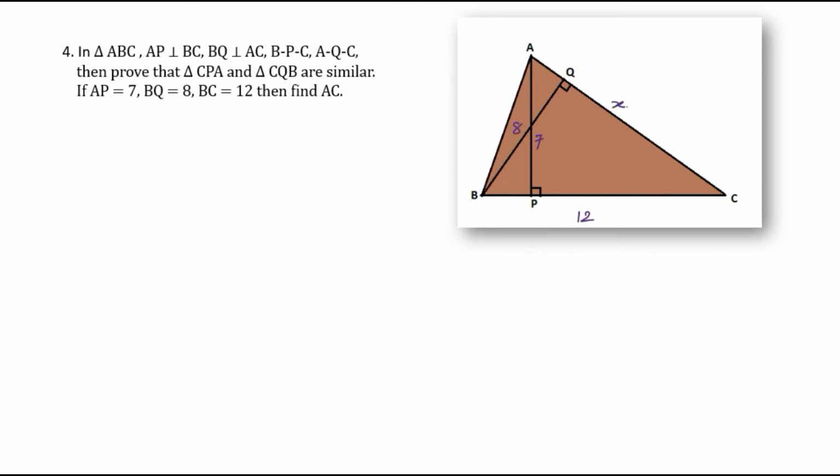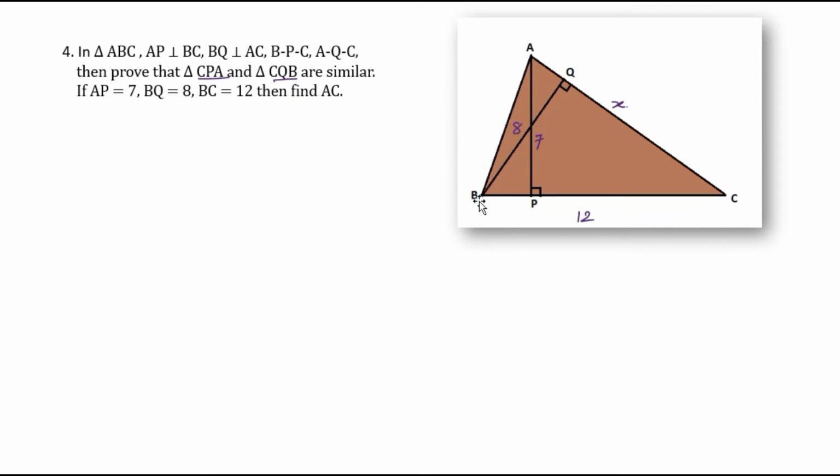Before that, we have to prove that these two triangles, triangle CPA and triangle CQB, are similar. Now, how to prove this? See, in this diagram, we have to take this triangle CPA and another one is CQB.